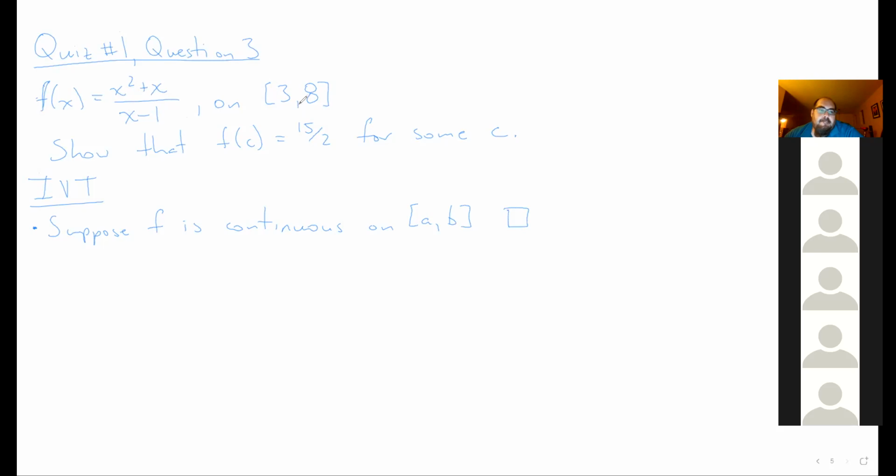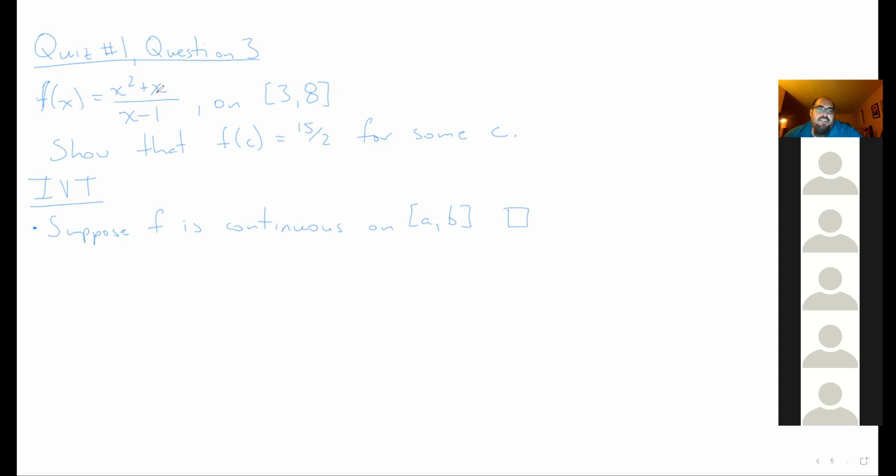Yeah, it is. How do we know? Can't you just take the derivative of it? No, the derivative doesn't. Or you'd plug it in, right? Plug what in? 3 and 8 into the equation. That would tell you that it's continuous at 3 and at 8, but it might be discontinuous somewhere in between. So let me ask it this way.